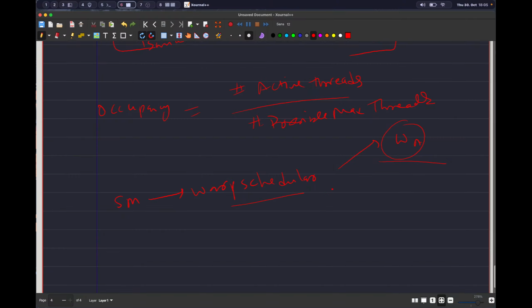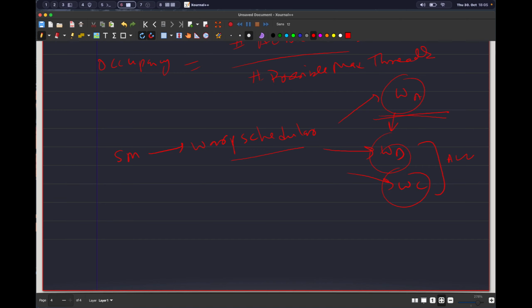In the meantime, the warp scheduler will schedule warp B or warp C, which are ready to perform their arithmetic, and they will finish their operation, and meanwhile warp A has finished the required memory access from global memory and it can continue again. So instead of waiting for warp A, the warp scheduler has scheduled warp B and warp C to finish their operations. In the meanwhile, the data for warp A has arrived from the memory and it is ready to continue now, right?